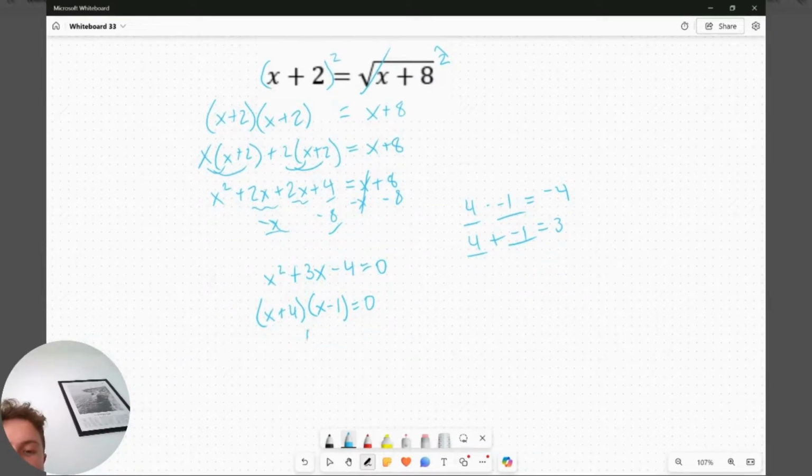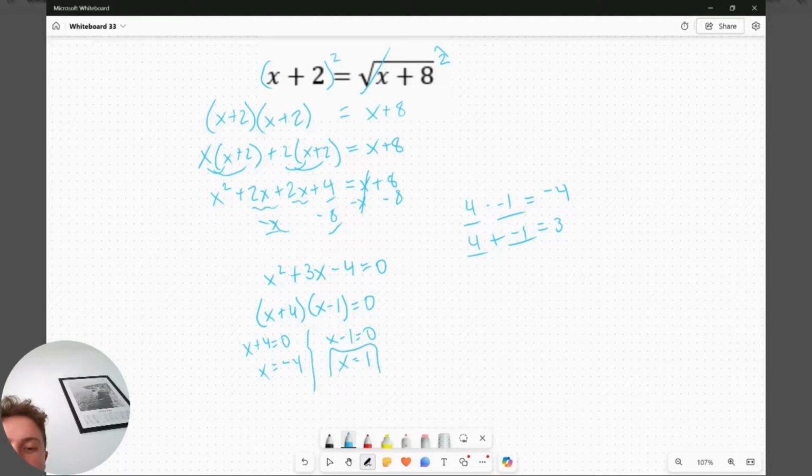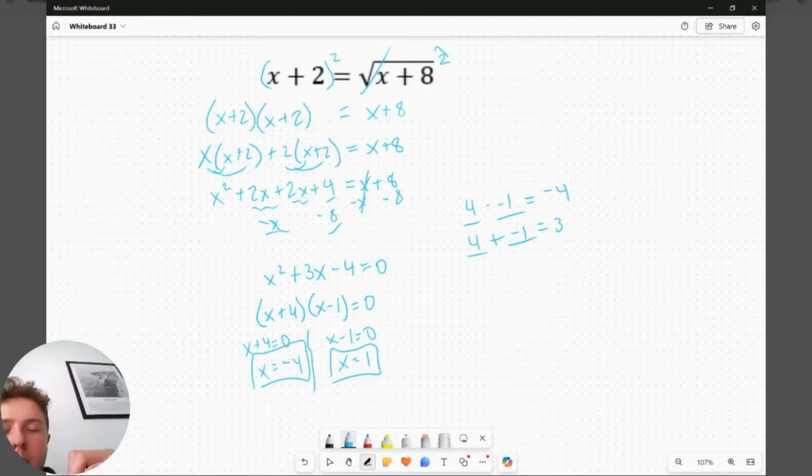But in order to solve this, you would have to split it, set them both equal to 0, and solve. Subtract the 4 over, add the 1 over, and you get your two answers.